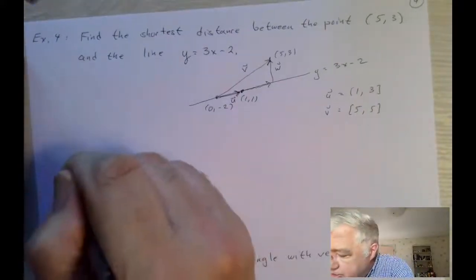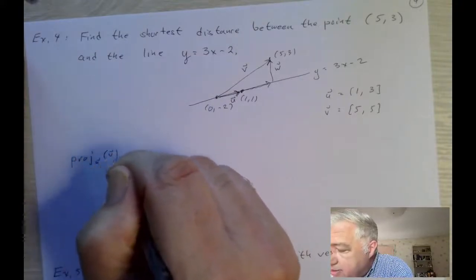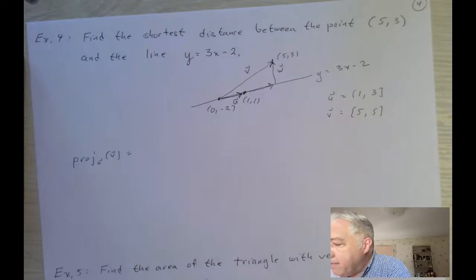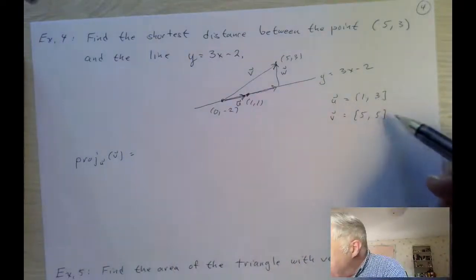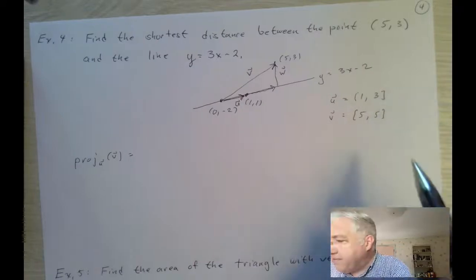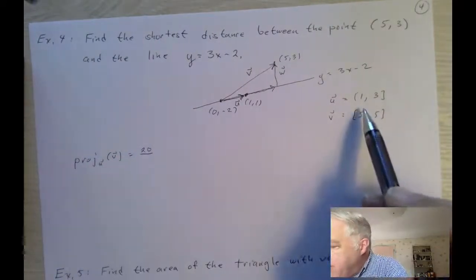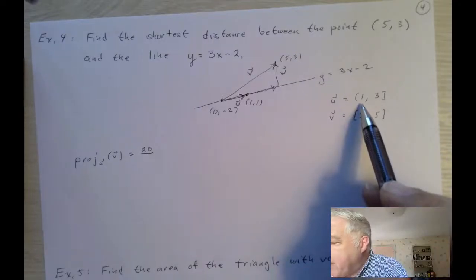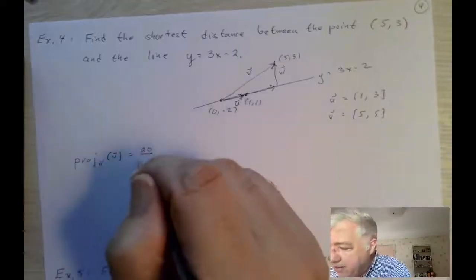So the projection of V onto U: the dot product is 5 plus 15, so that will be 20. And the dot product of U with itself will be 1 squared plus 3 squared, that's 1 plus 9, that's 10.